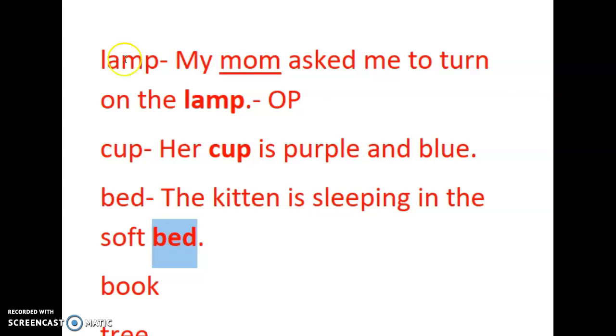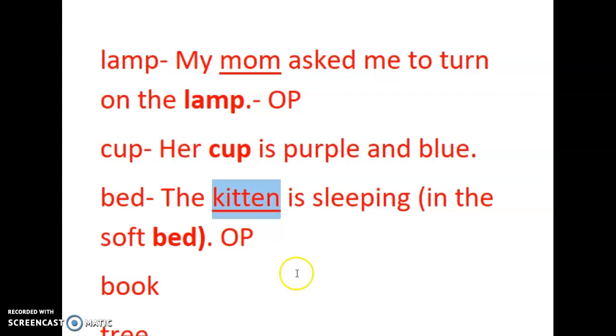Now I'm going to decide, is this word the subject noun or the object of the preposition? So bed is going to be OP, object of the preposition. If I was classifying this sentence, my prepositional phrase would be in the soft bed. All right, what is our subject noun here? Our subject noun here is kitten. So we know that is a thing.